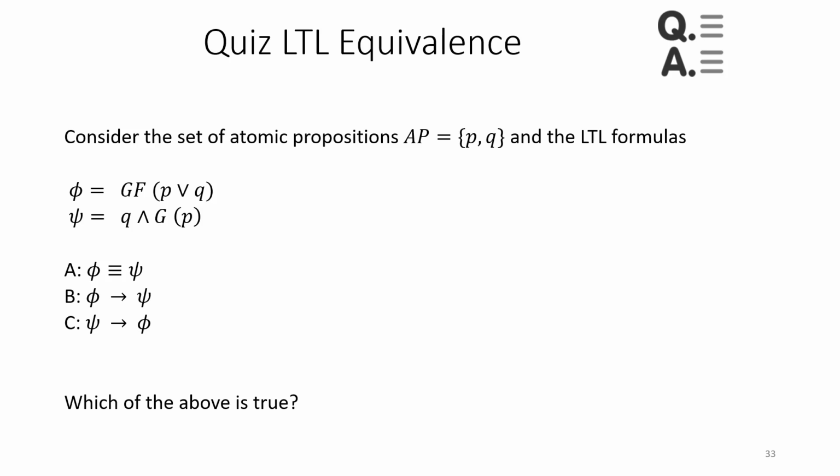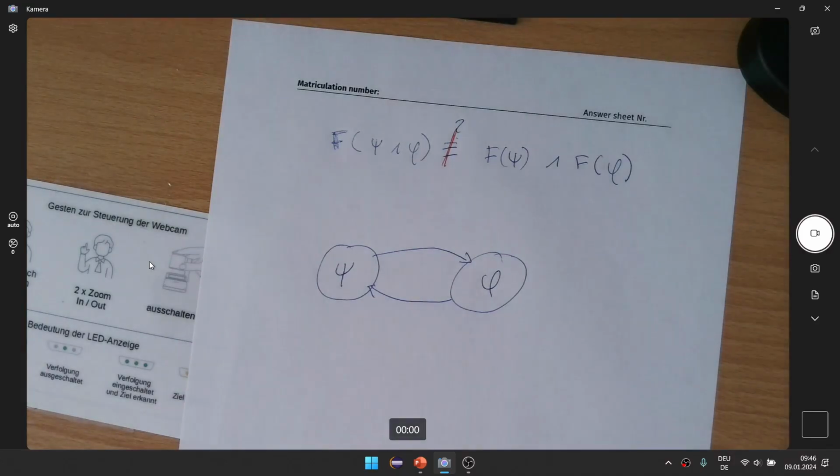So can we find a system that doesn't have Q in the first state but still has globally finally P or Q? Yes. We could even find, so can you give an example of a system? Well, yeah, that has no Q at all. So let's do a system that has no Q at all.